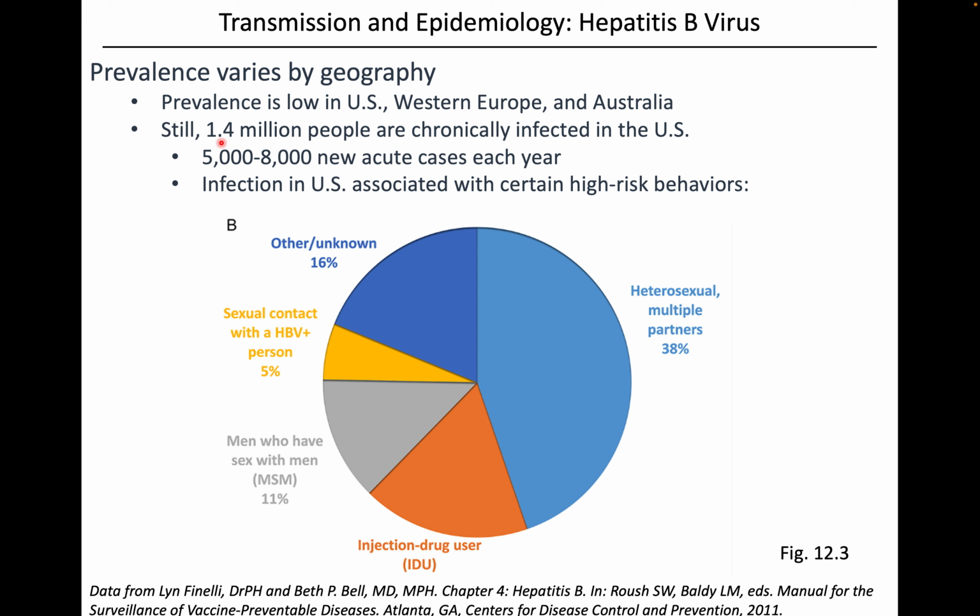You do still have a large number of people, almost 1.5 million in the U.S., that are chronically infected, with about 5,000 to 8,000 new acute cases every year in the U.S. And because this is bloodborne, you see the risk of catching hepatitis B being increased by some of the same behaviors that you would probably think of that would increase risk of HIV: through sexual contact, through needle sharing, IV drug use, some of those kinds of things.